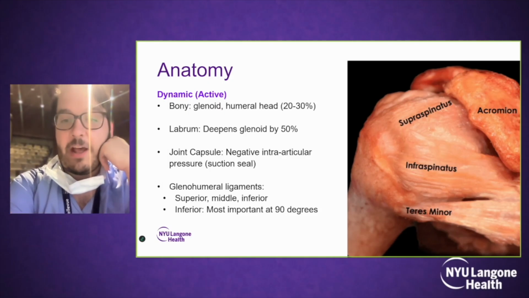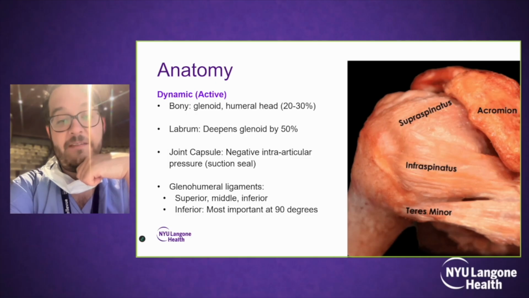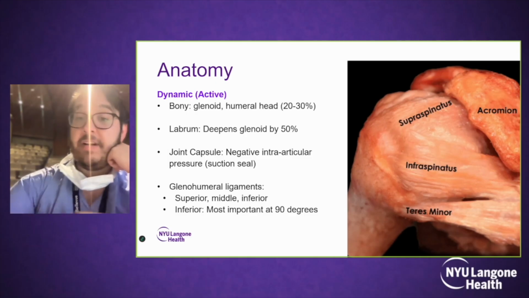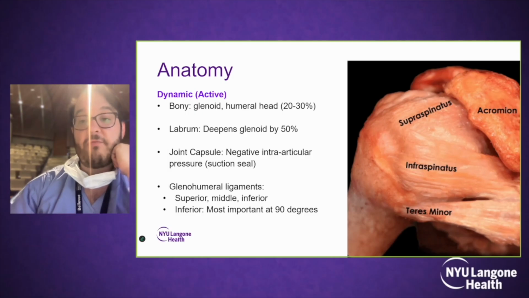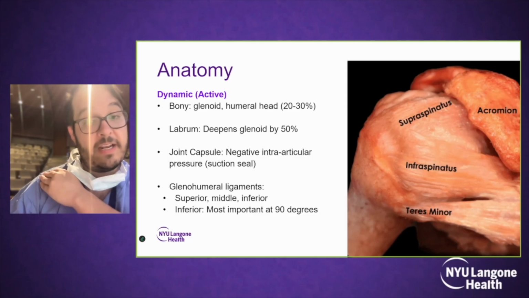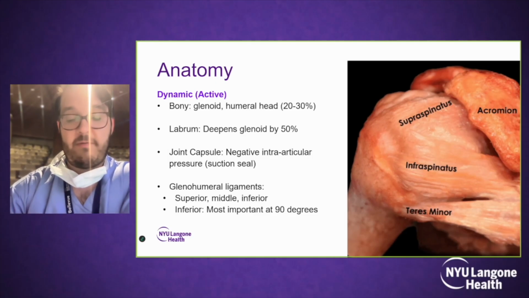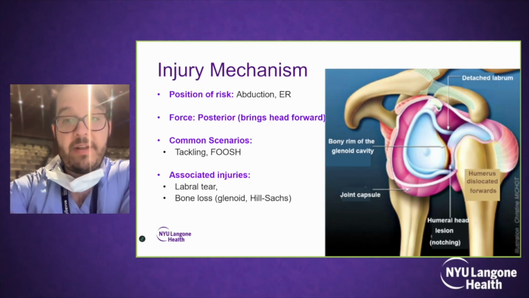That helps make up for the fact that it's a shallow bony concavity. This pushes it against it to give us that extra restraint, allowing us to rotate. That's why if you have a massive rotator cuff tear and you try to rotate, you don't have that concavity compression. Nothing's holding the humerus against the glenoid, and then the ball starts moving in ways preventing your shoulder from working.